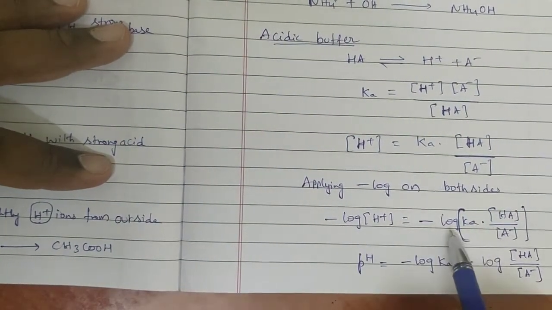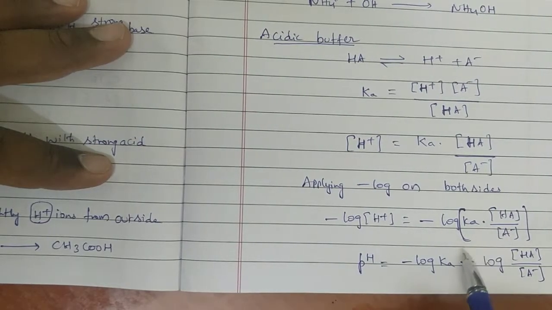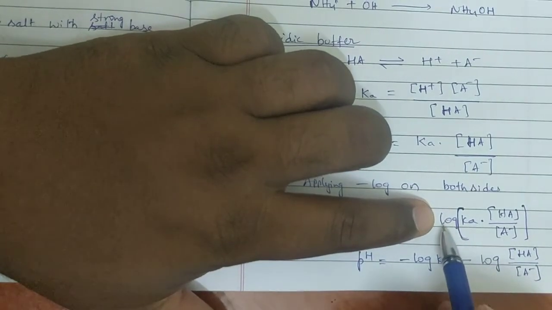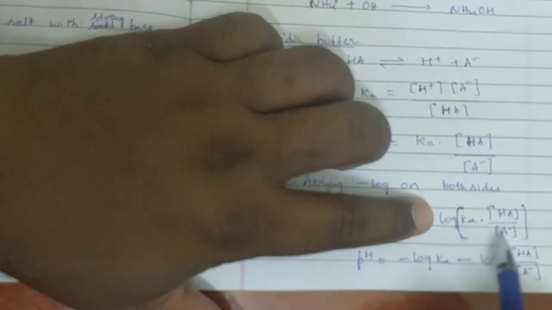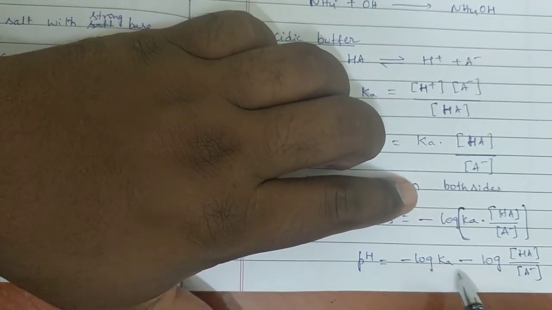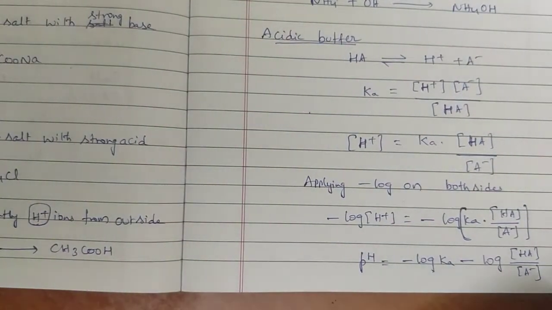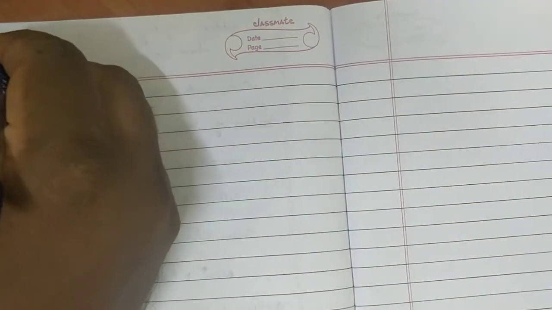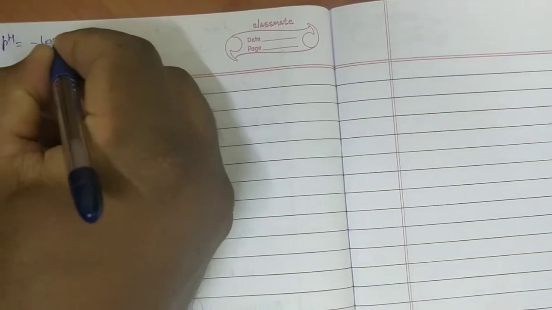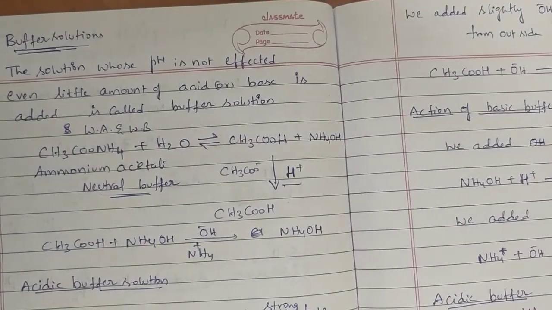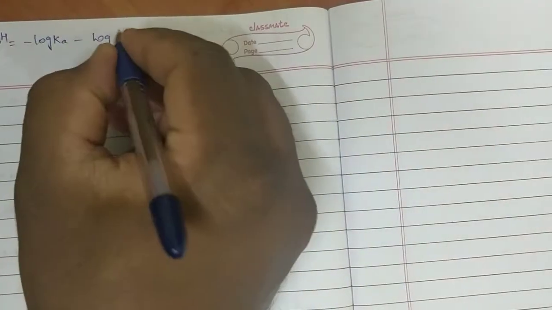Once again, pH is equal to minus log Ka minus log concentration of HA divided by A minus.